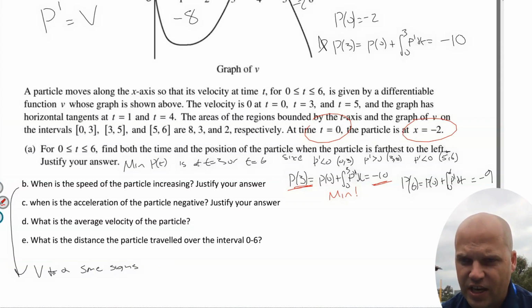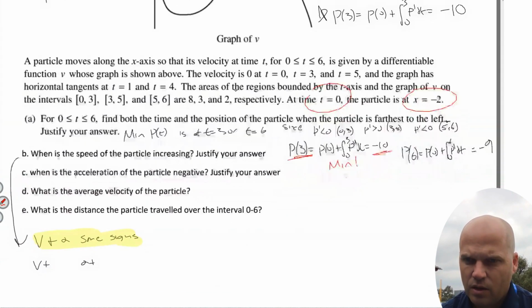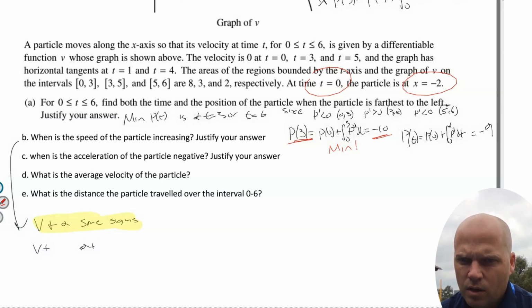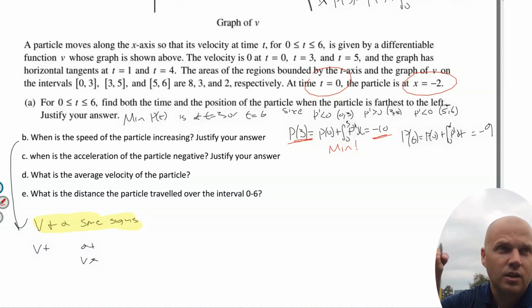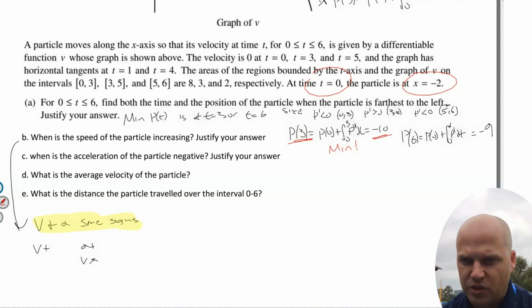It's easiest to just say V and A have the same signs, because if V is positive and A is positive, you're saying that V is positive and increasing.